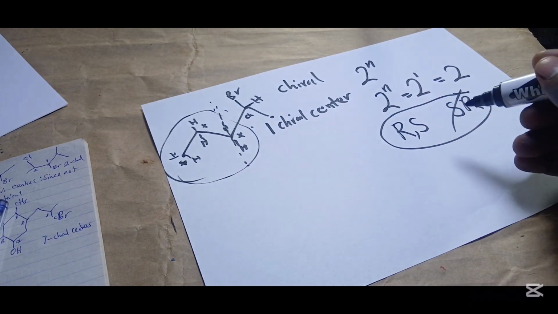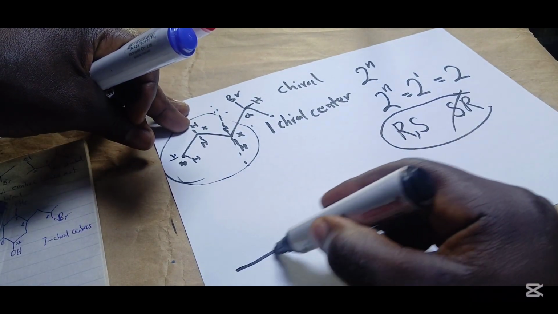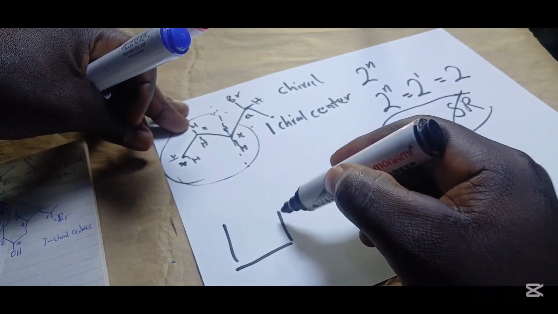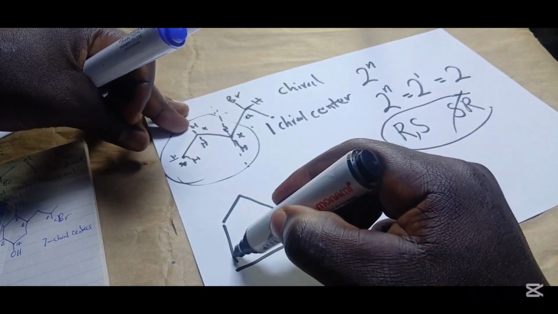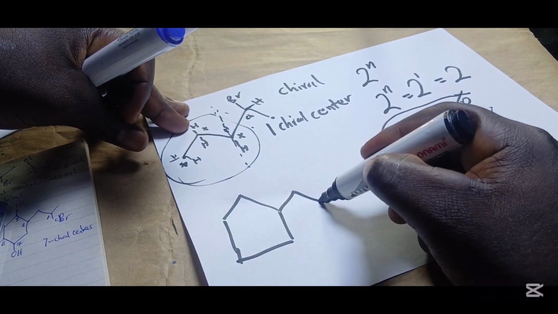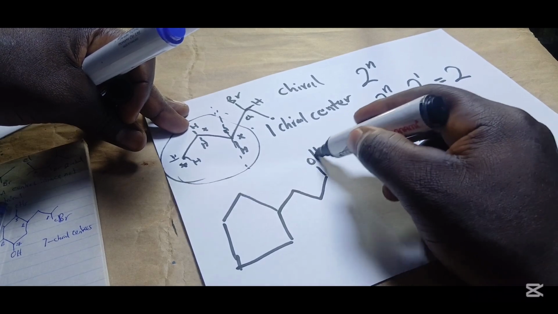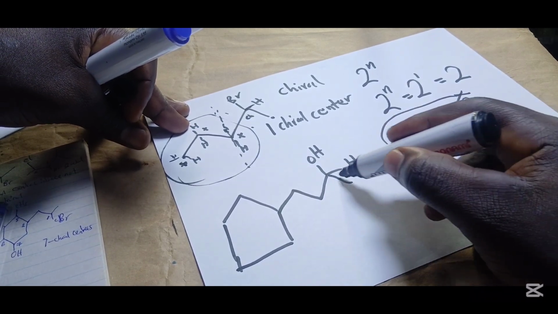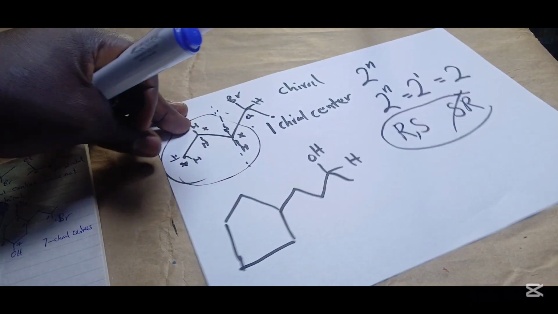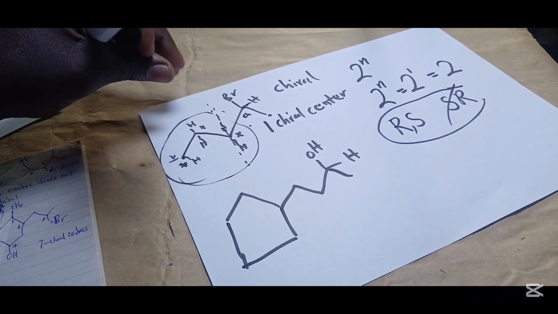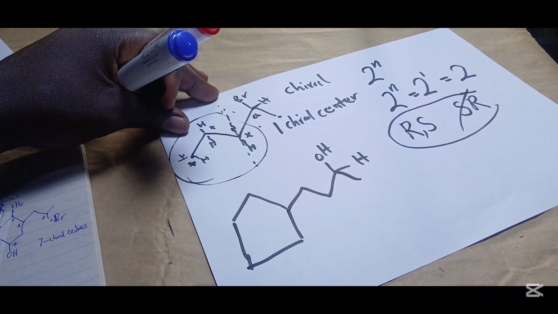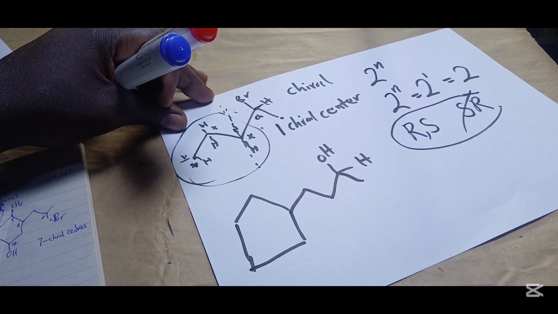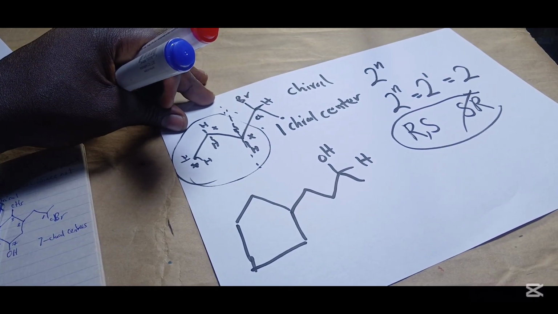Is this molecule chiral or achiral? Or how many chiral centers can you see in this molecule? So straightforward, we start looking at the carbons that have 4 different groups attached to it.